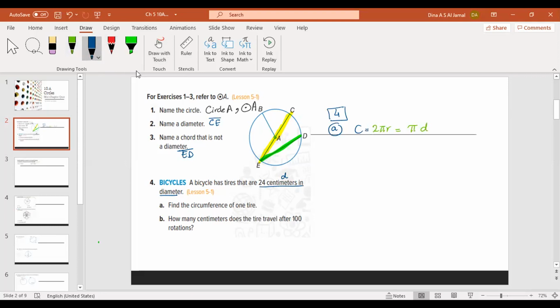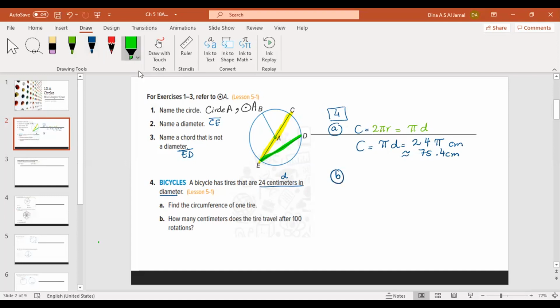Since he gave you the diameter already, you can use pi d directly, which is 24 pi. And the units will be centimeter. And if you would like to find the estimated circumference, then it is around 75.4 centimeter.